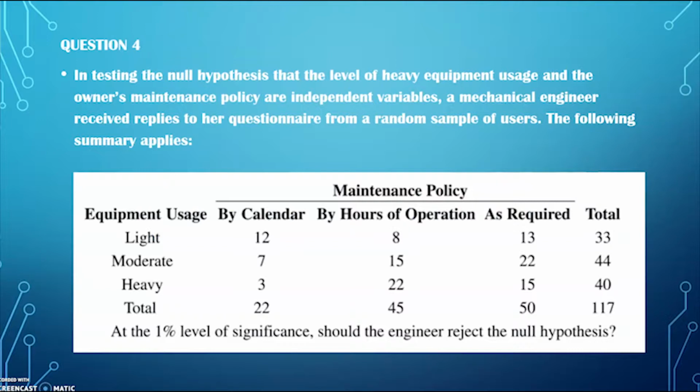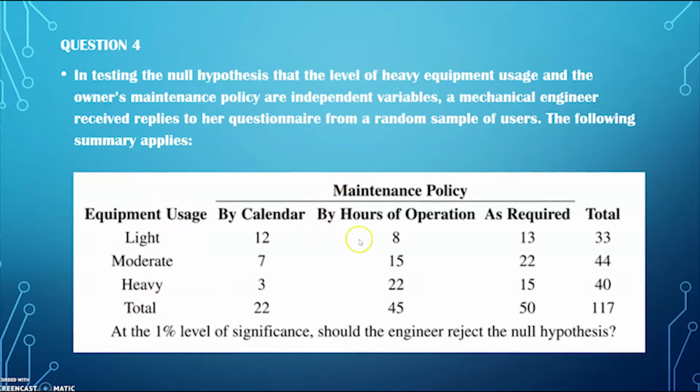So the question is, in testing the null hypothesis that the level of heavy equipment usage and the owner's maintenance policy are independent variables, a mechanical engineer received replies to her questionnaires from a random sample of users. The following summaries apply. Based on the table given, the equipment usage is divided into three, which is light, moderate, and heavy.